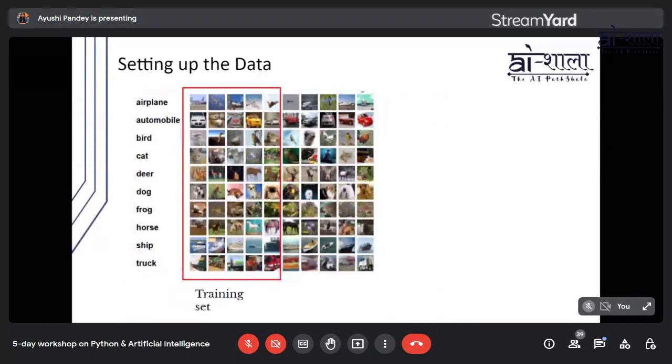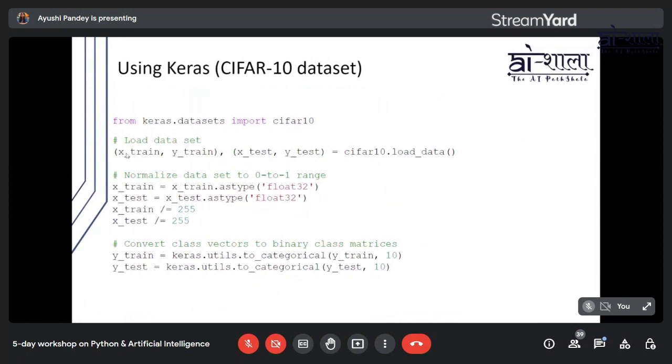Okay, so I will go back to the code. I've loaded my data set, and this data set is already in Keras. This is not exactly an image, this is the value of the image.